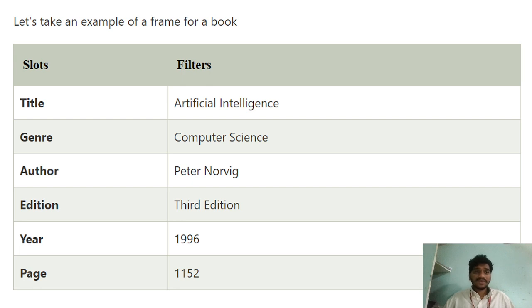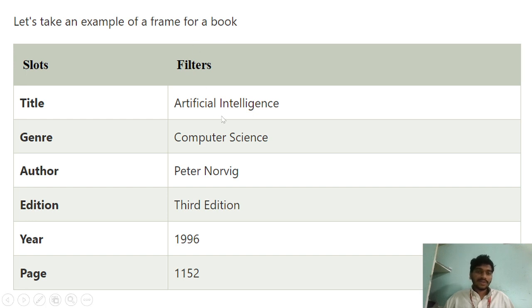Let's take an example of a frame for a book, which has slots and fillers. The slot title has the filler Artificial Intelligence, genre is computer science, author is Peter Norvig, edition is third edition, year is 1996, and pages are 1152.